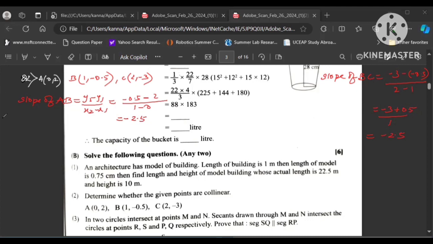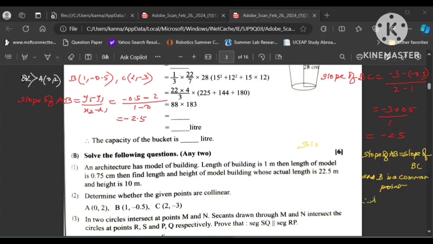Therefore, slope of AB equals slope of BC. And B is a common point. B comes in AB as well, and in BC as well. So B is a common point.